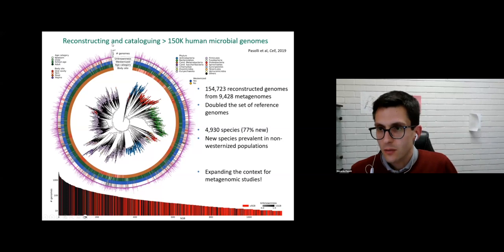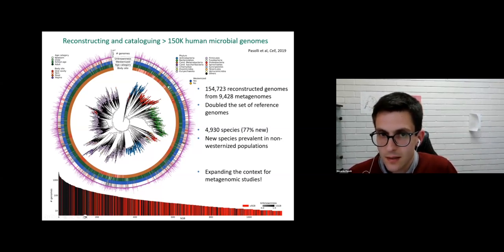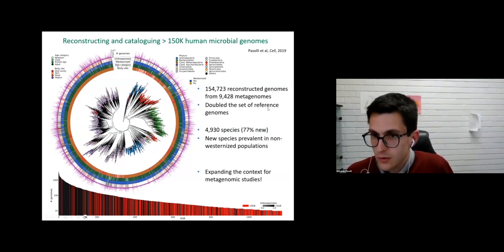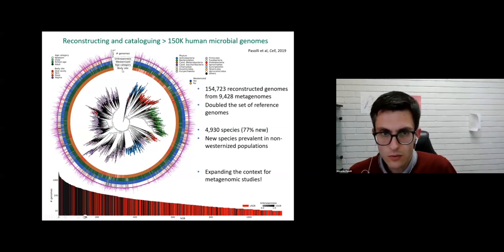And we generated a catalog of these MAGs that covers all the major species present in the human microbiome. In particular, at that time, we were able to double the set of reference genomes, and we identified around 5,000 different species present in at least one human metagenome. Here we considered mainly stool, but also oral, skin, and vaginal microbiome.